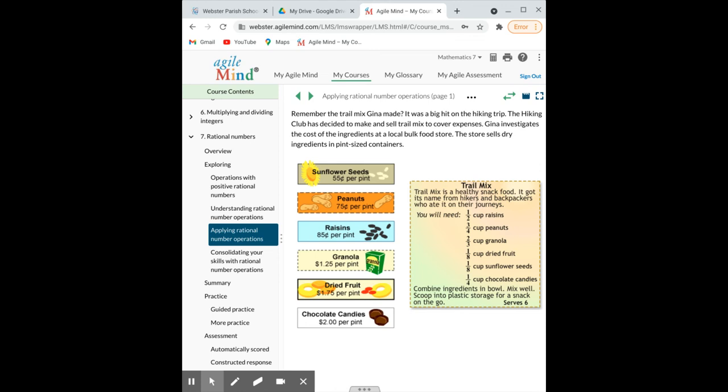If you're thinking in terms of volume, does anybody know what the definition is for that? It's the amount of space that a substance or object occupies that's enclosed in a container.